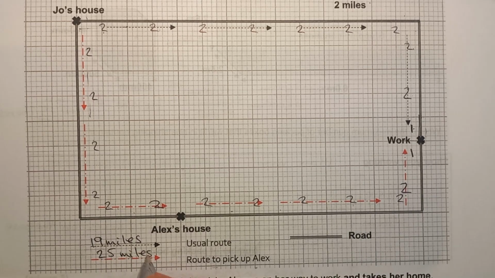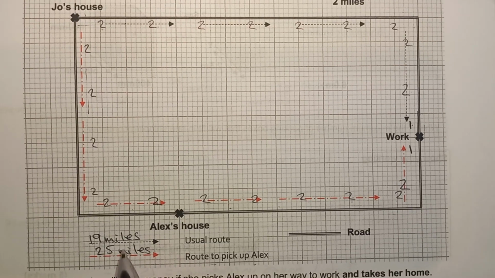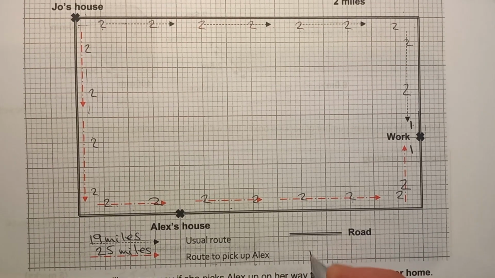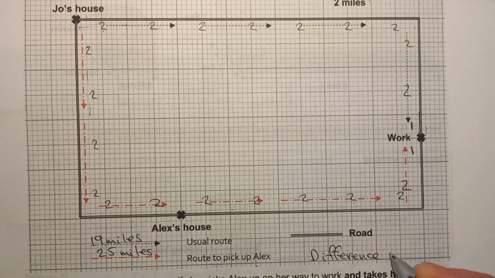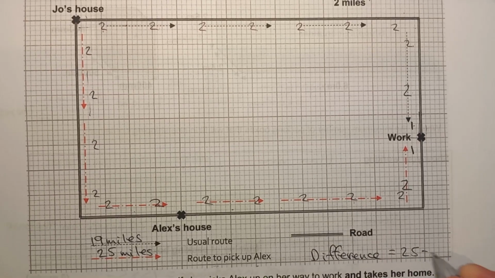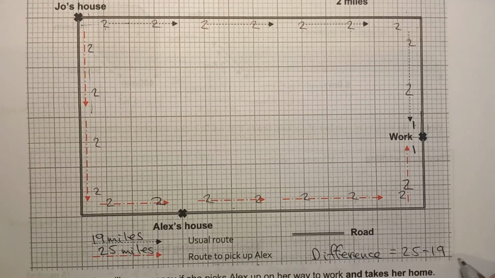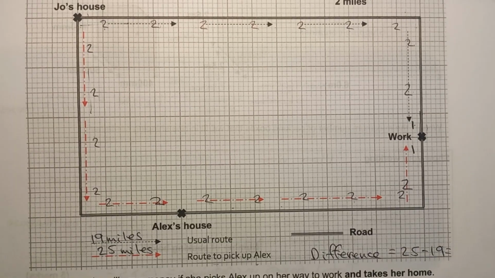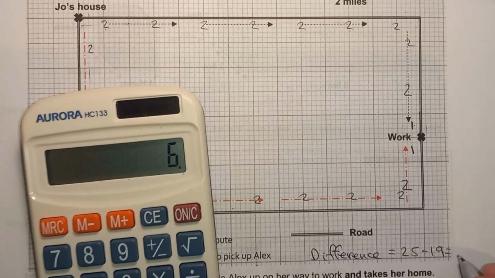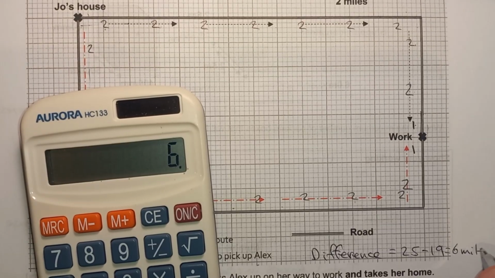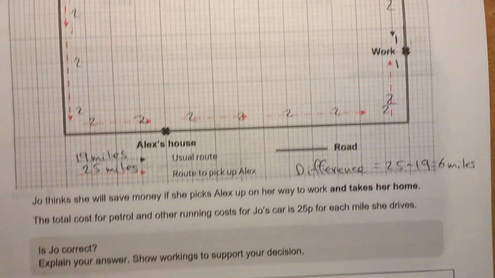So you could work out the cost of each of them and then subtract them, but I'm going to just work out the difference first of all. So the difference in distance is going to be 25 minus 19, because we're only interested in the extra cost. So 25 minus 19 is 6 miles.